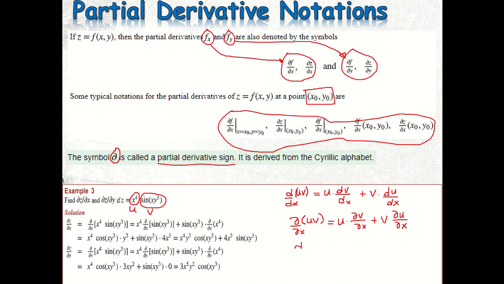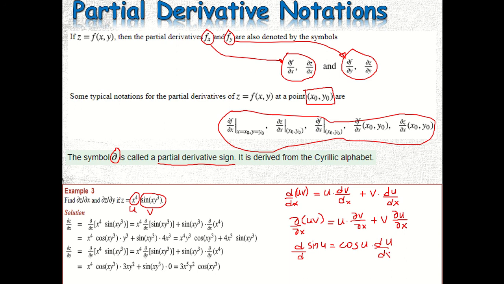The derivative of sine u with respect to x is equal to cosine u times the derivative of u with respect to x.